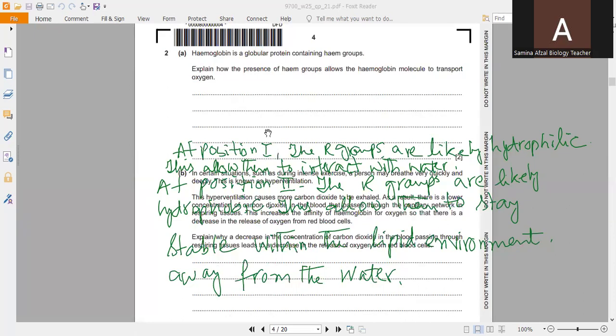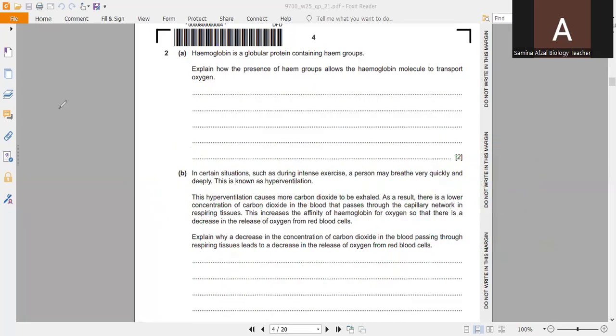And next, question number 2 is: hemoglobin is a globular protein containing heme groups. Explain how the presence of heme groups allows the hemoglobin molecule to transport oxygen.